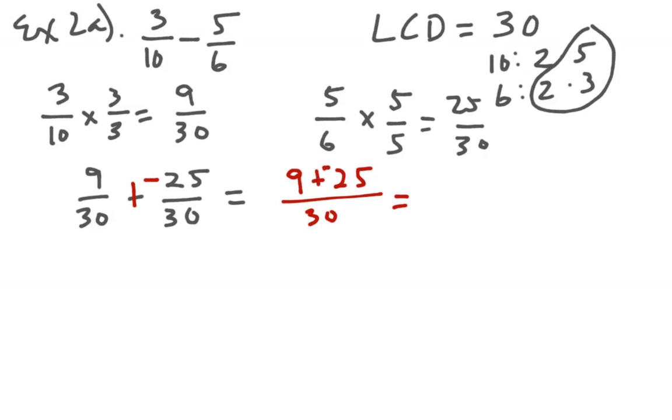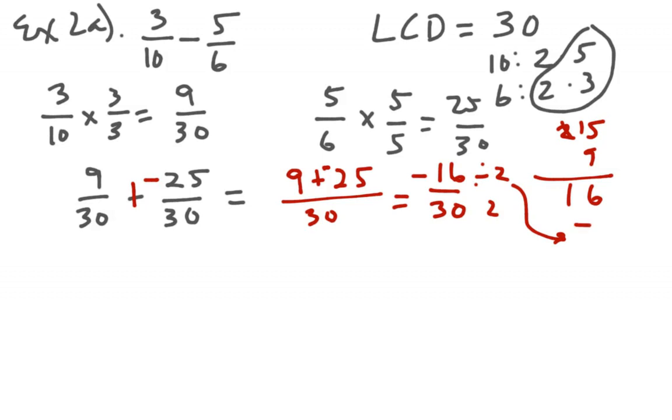I'm adding integers. They're different signs, so I have to use subtraction. I always have to subtract the smaller number from the bigger number, and I get 16. The 25 is my bigger number, and it has a negative sign, so it's negative 16/30ths. Now I have to simplify by dividing out 2, and I'm going to get negative 8/15.